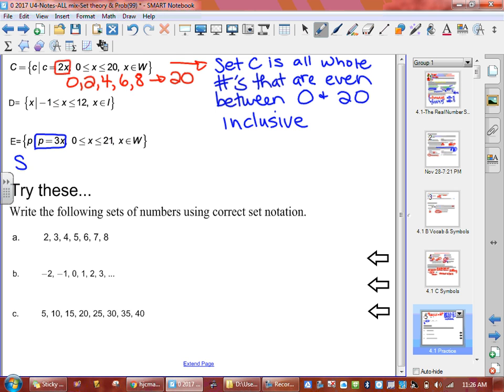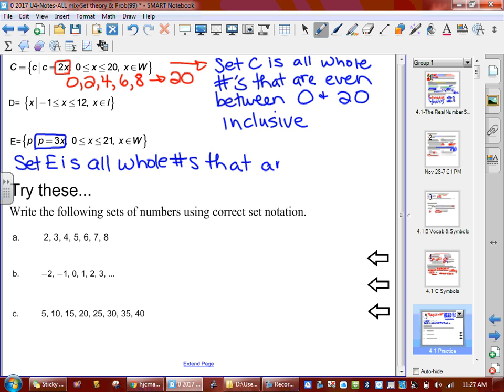So we're going to say set E is all whole numbers, multiples of 3, between 0 and 21 inclusive. Now, are we talking odd or even in this case? Are they all going to be odd or even?